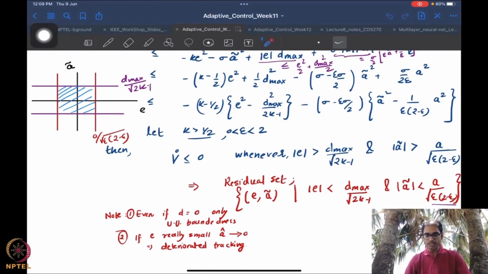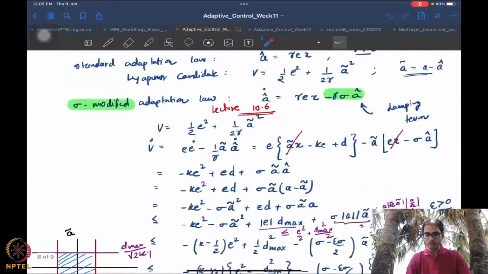The other issue is that because of the structure of A hat dot, when E becomes very close to zero, you see that this term starts to dominate significantly, and whatever parameter value has been learned, suppose A hat has gotten rather close to the true value A, but that gets unlearned because this term will push every A hat to zero, right? So you unlearn the true parameter value, and this can, of course, cause a deterioration of the tracking error performance also.